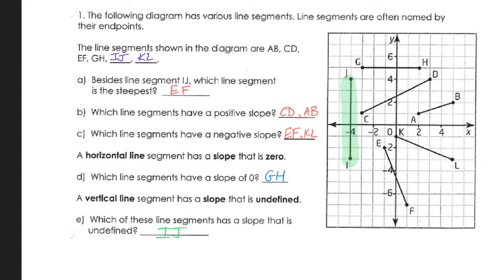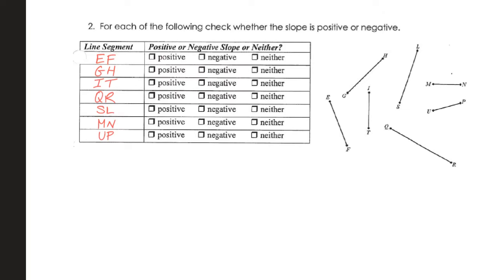And there we go. So hopefully we match up a little bit. We actually even got some new ideas in there about what it means to have a slope of 0, or a slope that's undefined. Okay, we're going to keep going with this type of topic. Let's turn over the page.